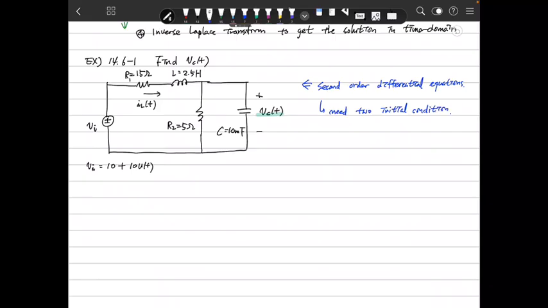Generally, in the case of an inductor, we need the initial inductor current, and in the case of a capacitor, we need the initial capacitor voltage. In the problem, these are given: iL(0-) is 0.5 ampere and vC(0-) is 2.5 volt.